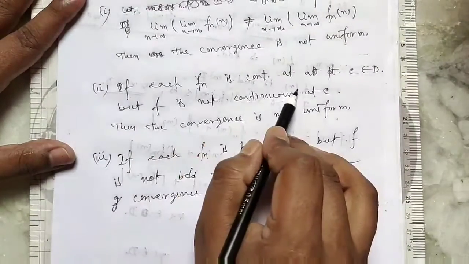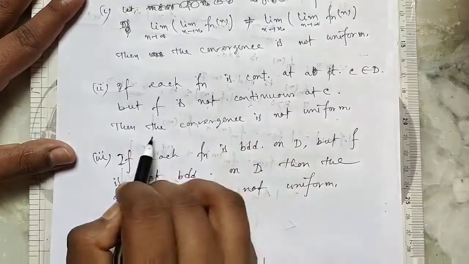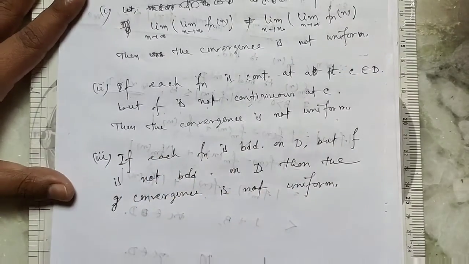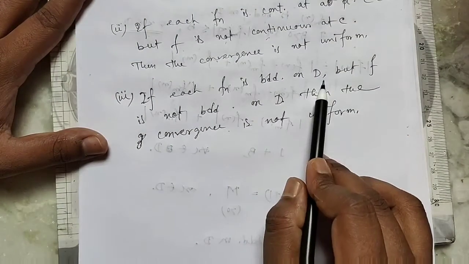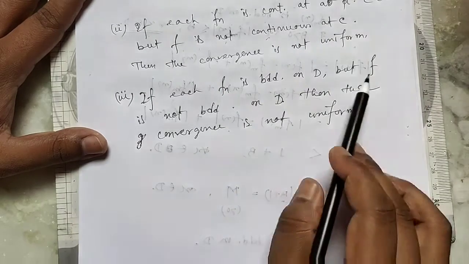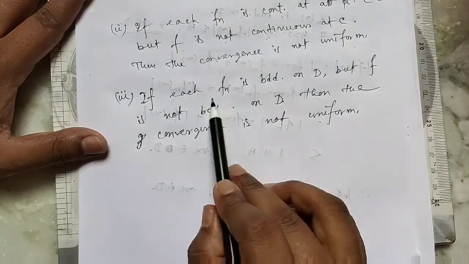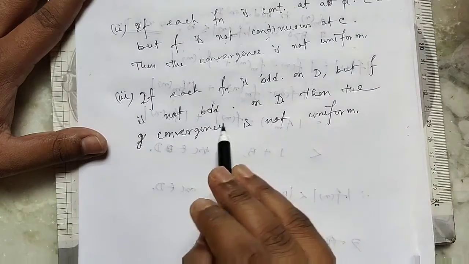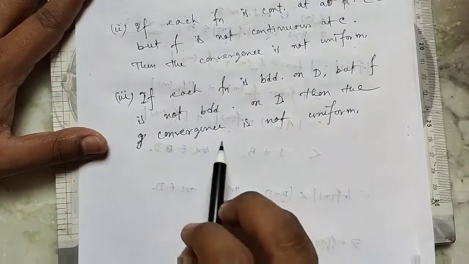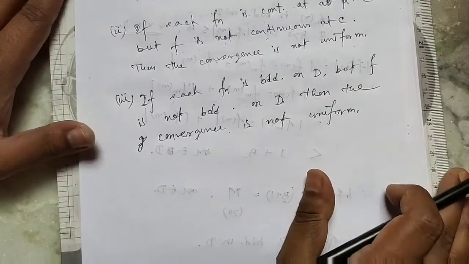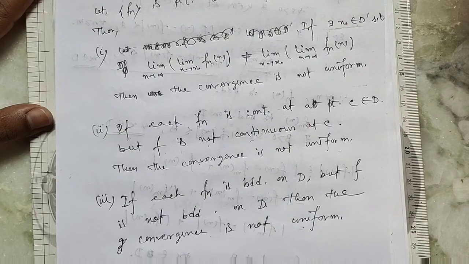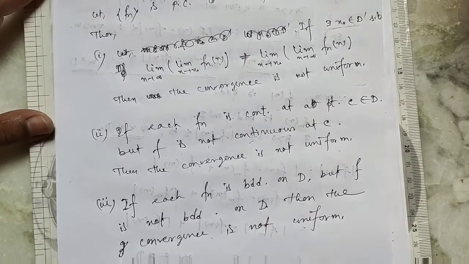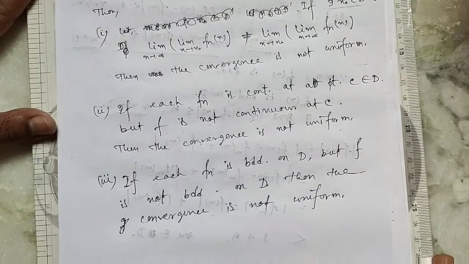Similarly, if each fn is bounded on D but the limit function f is not bounded on D, then the convergence is not uniform. So to prove a sequence of functions is not uniformly convergent, we apply these three concepts.